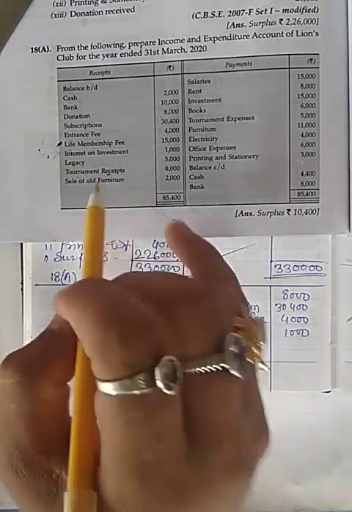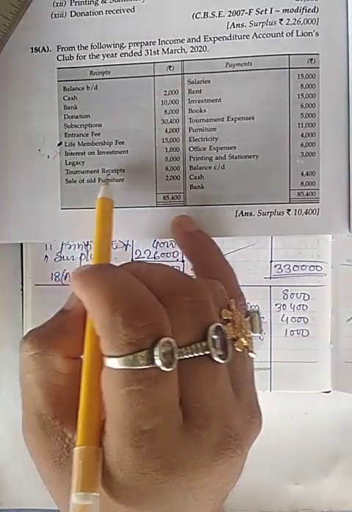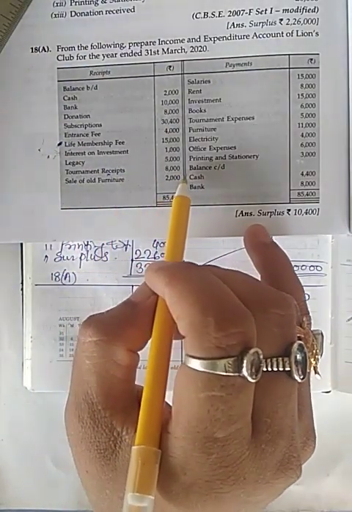Now tournament receipt is also given 8,000.